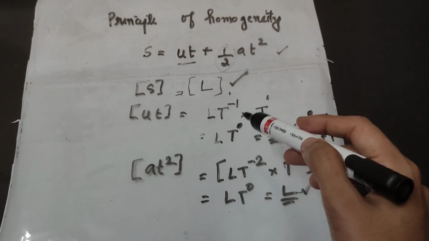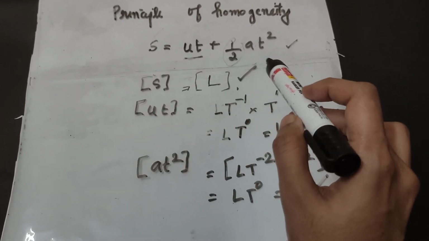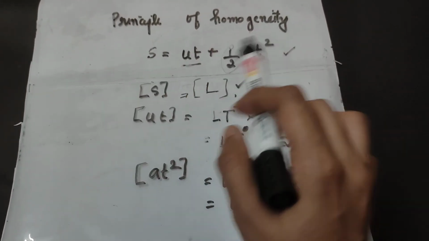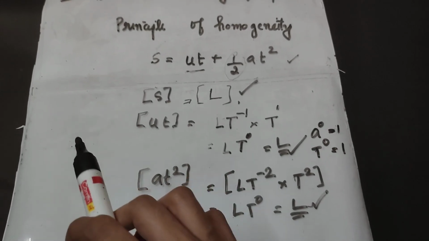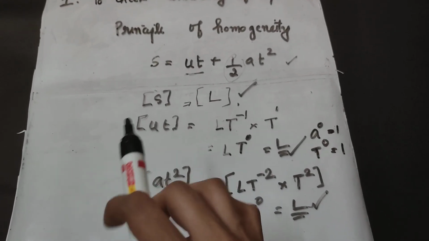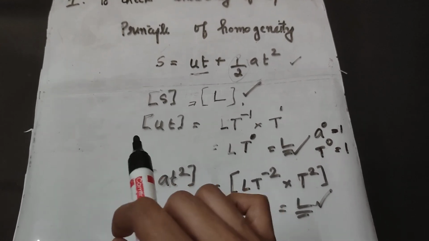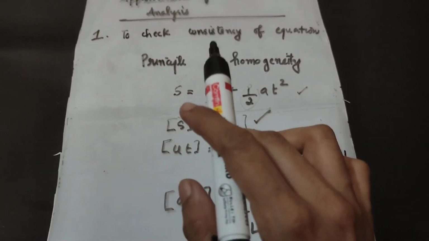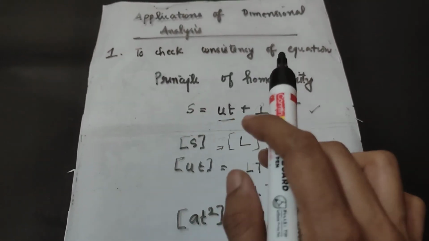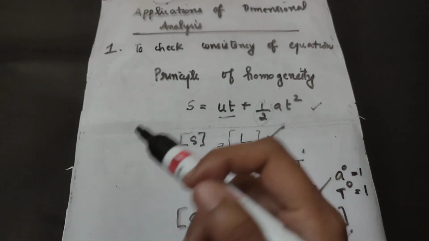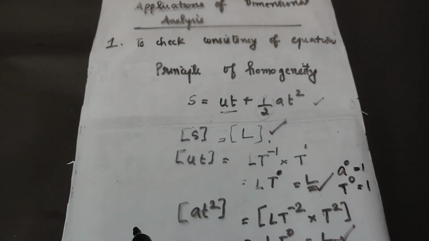So we can say that this equation is dimensionally correct according to the principle of homogeneity. This is how we check the correctness of the equation. This is the first application of dimensional analysis, to check the consistency or the correctness of an equation.